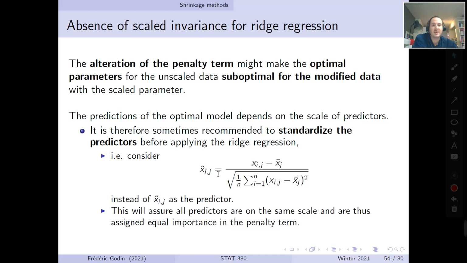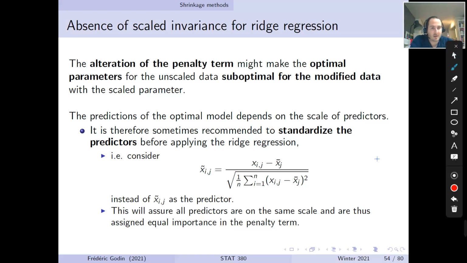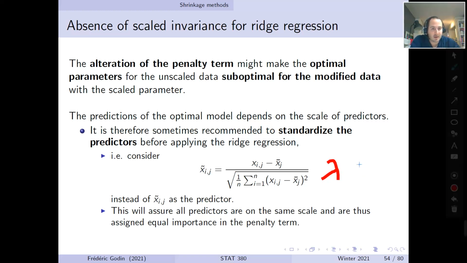Okay, so when you scale predictors, you ensure that all predictors are on the same scale, and when you apply the penalty, so recall the penalty is lambda times the sum of beta j squares, having predictors on the same scale ensures that the betas should also be roughly on the same scale.